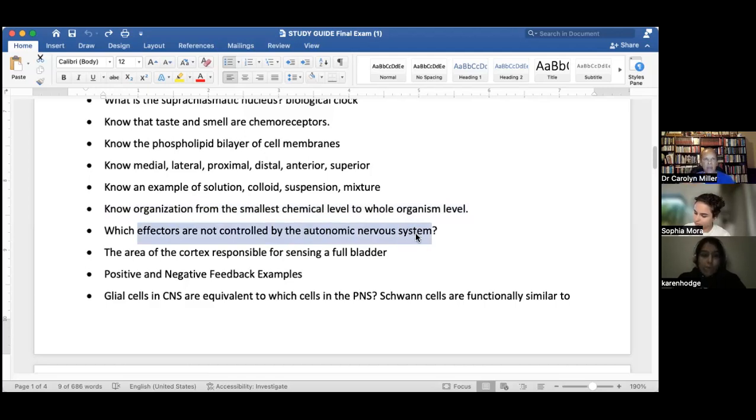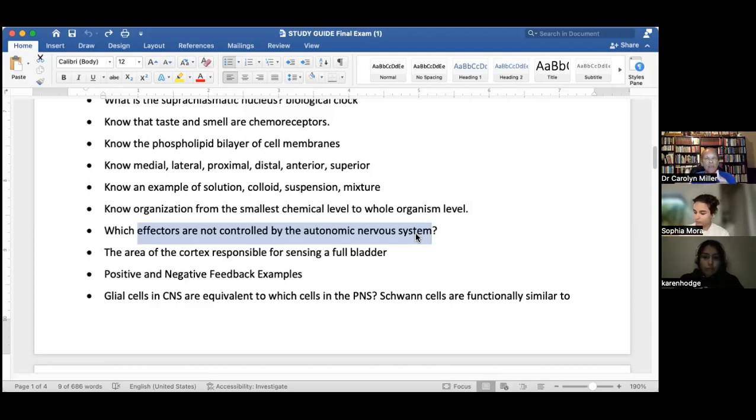The enteric nervous system controls our GI system, the gastrointestinal or digestive system. You'll get that in A&P 2. And the voluntary skeletal muscle is controlled by the somatic nervous system. Everything else is controlled by the autonomic. So as I said in class, if the question is talking about skeletal muscle, it is not the autonomic nervous system.